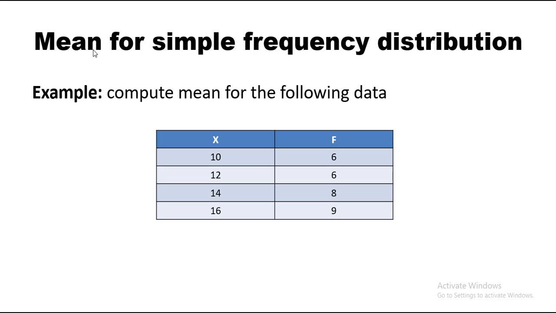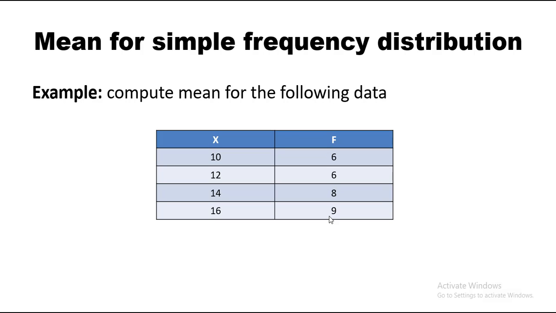As I told you in my earlier videos, simple frequency distribution means there are observations given, and to every observation there is a frequency given. As you can see here, there is observation 10 with frequency 6, observation 12 with frequency 6, observation 14 with frequency 8, and observation 16 with frequency 9.